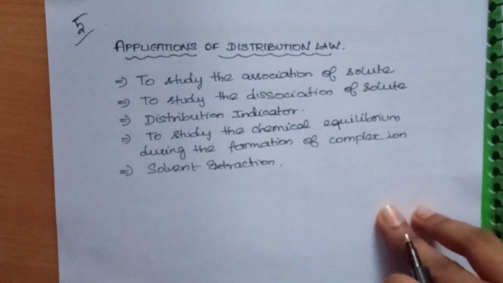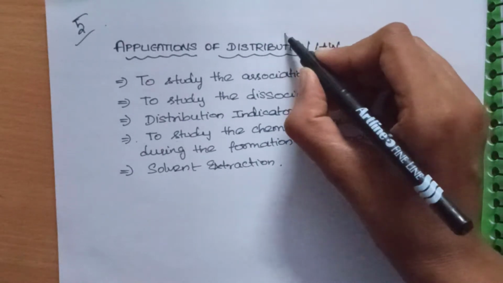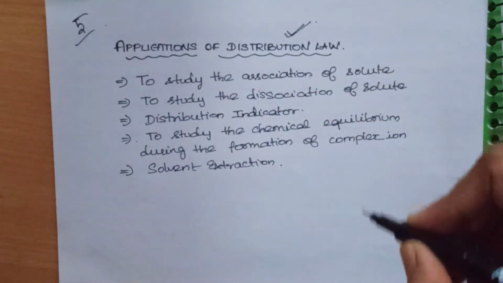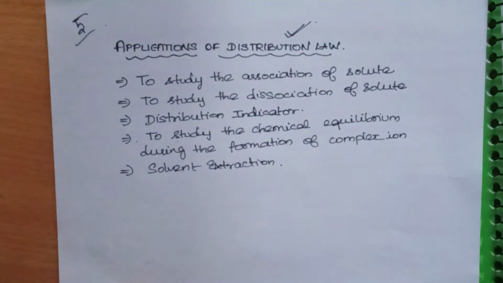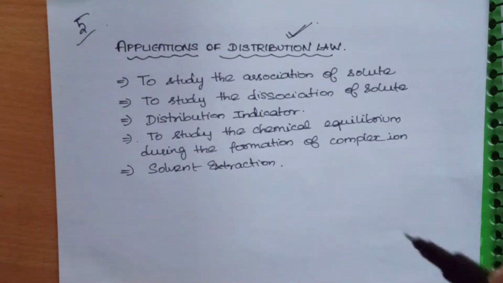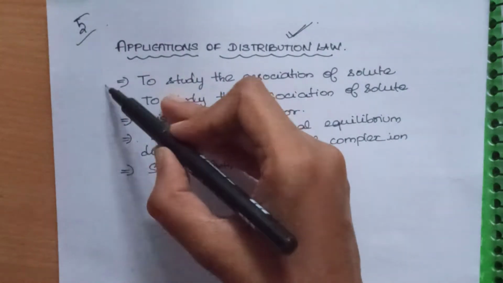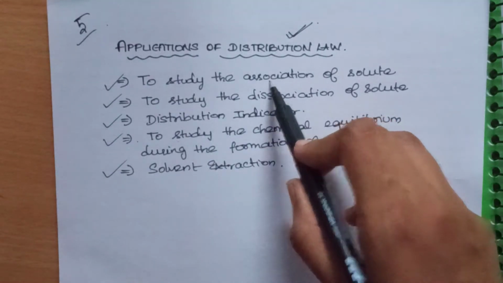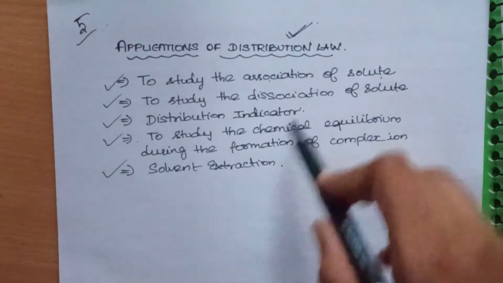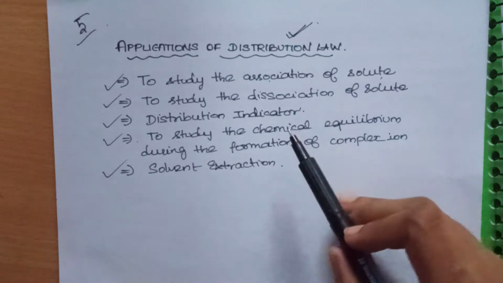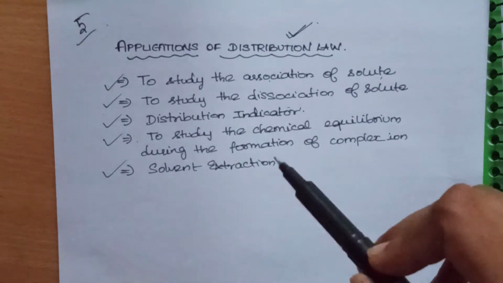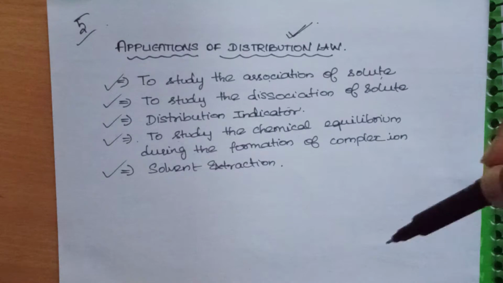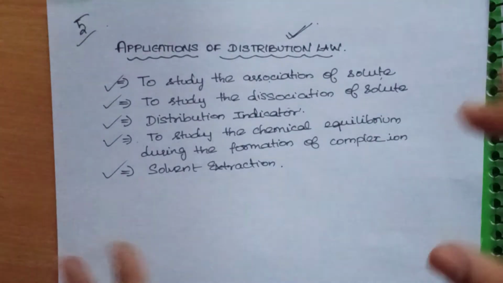Okay, so distribution law finds lots and lots of application in laboratory as well as in industries. Among that, I have just selected the major ones, like it is used to study the association of solute, dissociation of solute, and how it is used as an indicator just to indicate whether the solute is present in the given solvent or not.